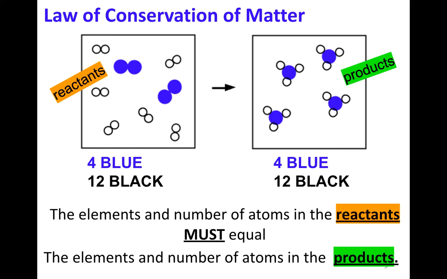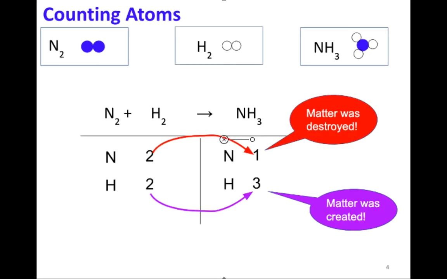So we can look up there and see there are 2 combinations of blue in the first part, 6 combinations of 2 black circles in the reactants, and then when we get over here, we have 4 combinations of NH3. So now let's go back. They're not the same. So that's a problem. How do we fix it?